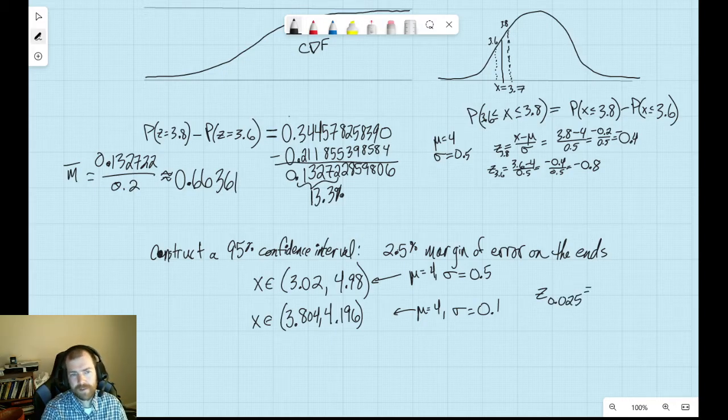Actually, what is it? So we want to do the inverse norm function. Statistics.